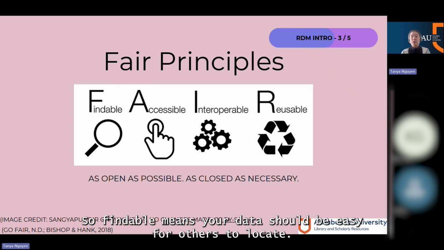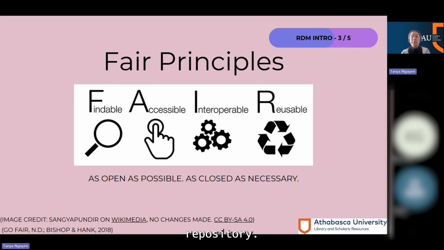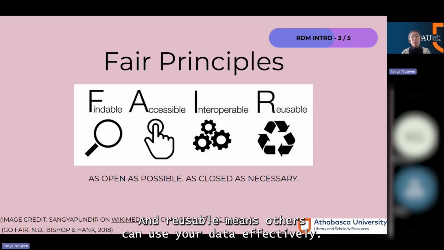Findable means your data should be easy for others to locate, and that could be placing the final data sets in a public repository. Accessible ensures that data can be obtained by authorized users. Interoperable is the compatibility with other data sets. And reusable means others can use your data effectively.